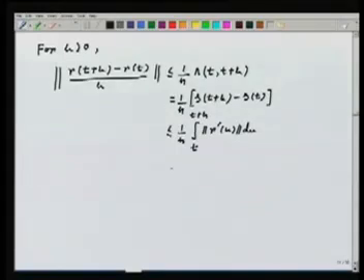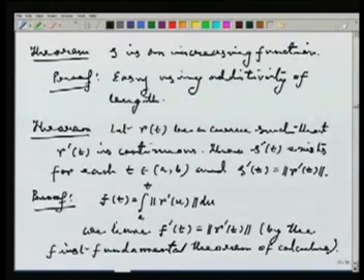Okay, fine. Now this is again by my definition 1 by h times f(t+h) minus f(t). This comes just from the definition of little f. If I go back the definition of little f, it is given here.